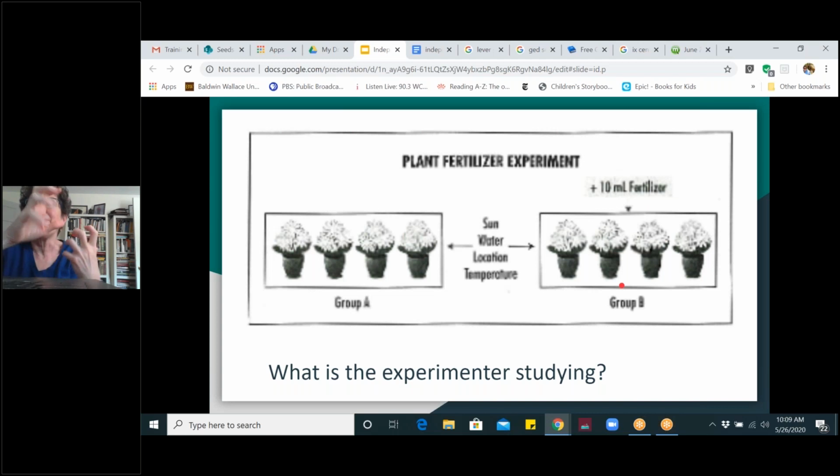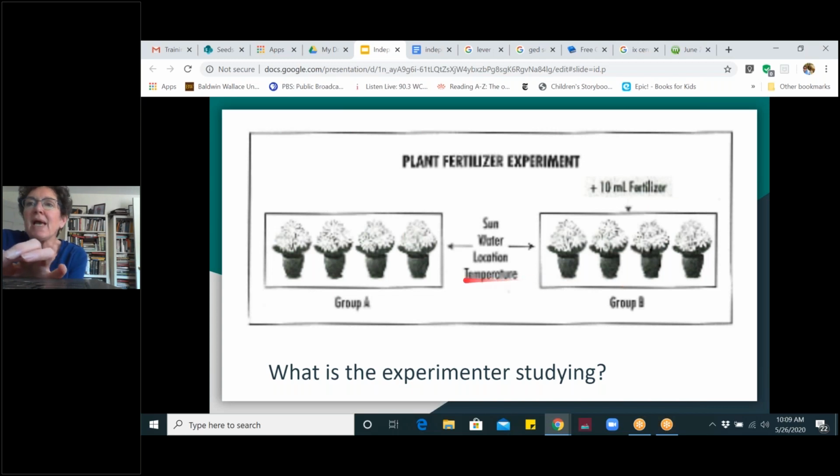So the hypothesis or the question that the experimenter is asking is, will the addition of fertilizer to plants increase their growth? Or what effect will fertilizer have on the growth of plants?